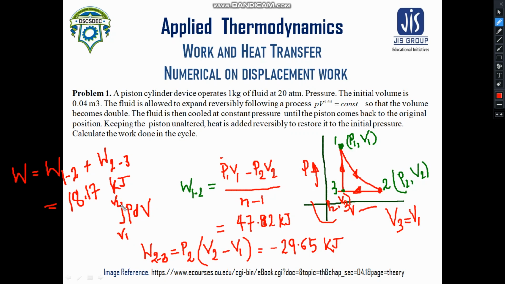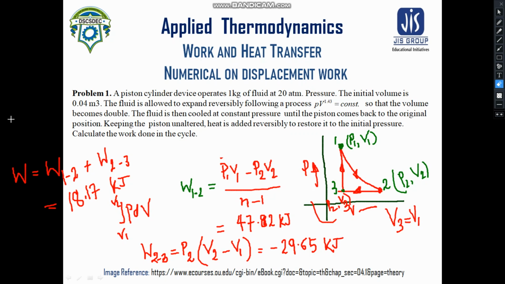So any kind of problem where you know the pressure volume relationship, you can easily solve it. And one more thing you need to understand: whether the work is done by the system or by the surroundings. That hint will be available in the problem itself. So you need to read the problem very sharply, very minutely, so that it becomes easy.